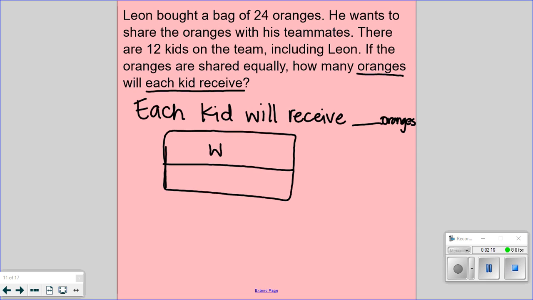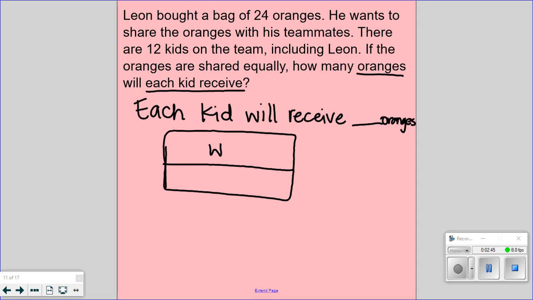Huxley, what's the thing I'm counting again? Oranges. Do I know how many oranges Leon has? Read the first sentence.